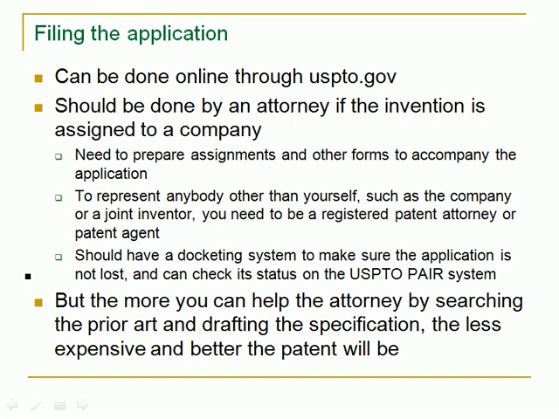You have to have a docketing system to make sure the application is not lost. What does that mean? Well, what I do is I file a registered receipt. In fact, what you can do, and it's very inexpensive, is when you send the patent in, if you're sending in paper, you get a return receipt.